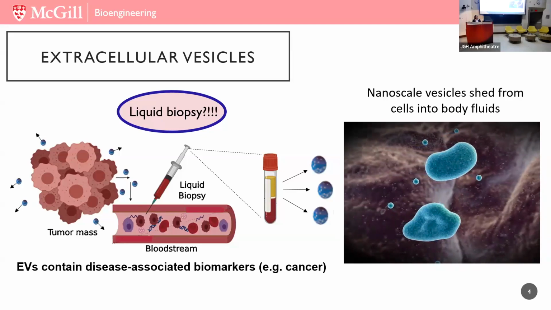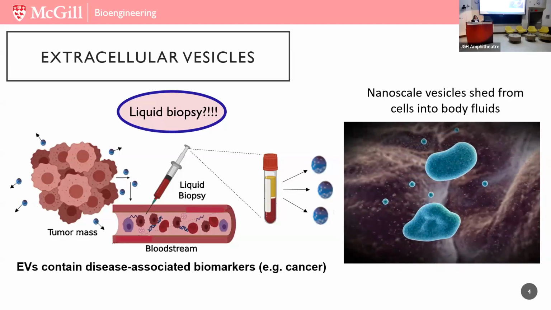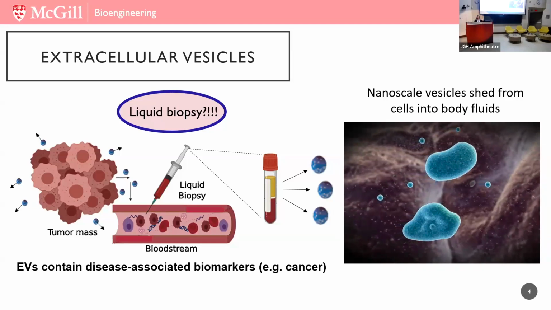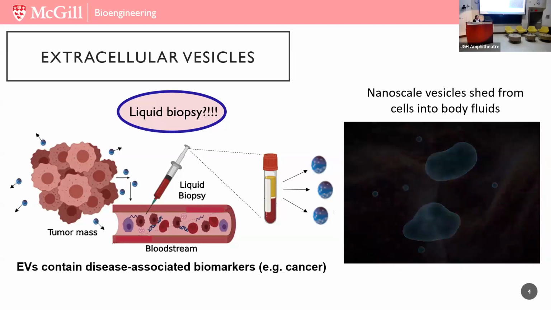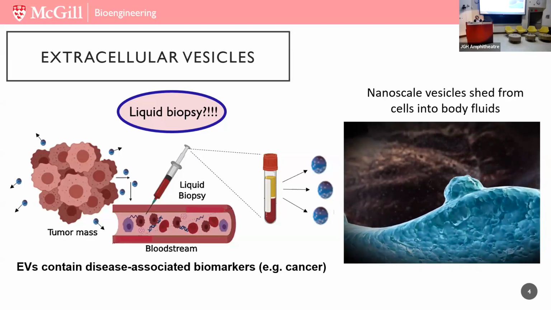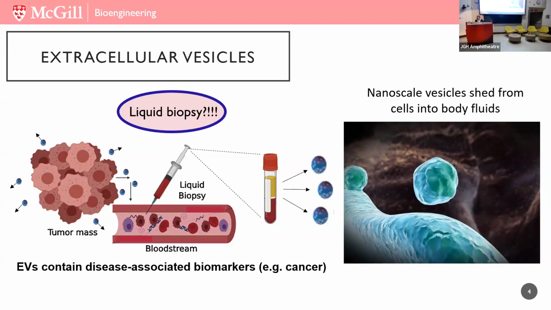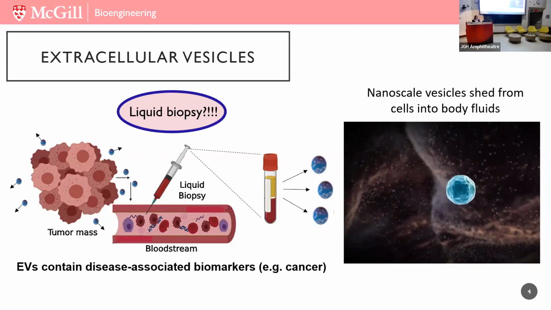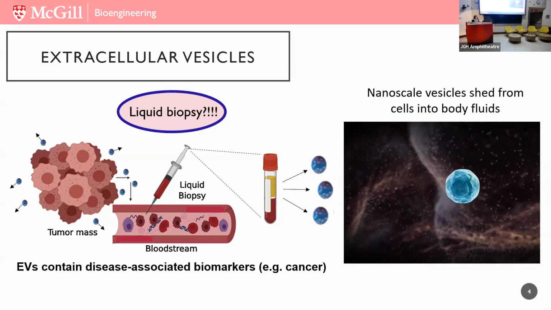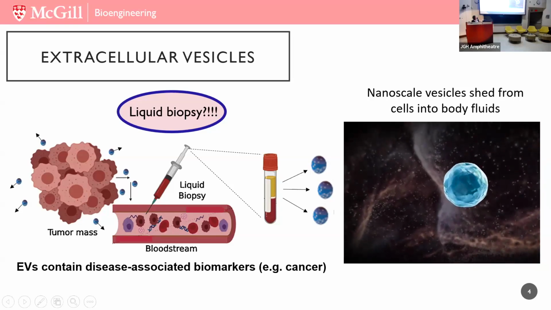But one of the problems of EVs, when it comes to tools available in centralized facilities, is that they are heterogeneous. They are usually assessed in a pool of a population of EVs.